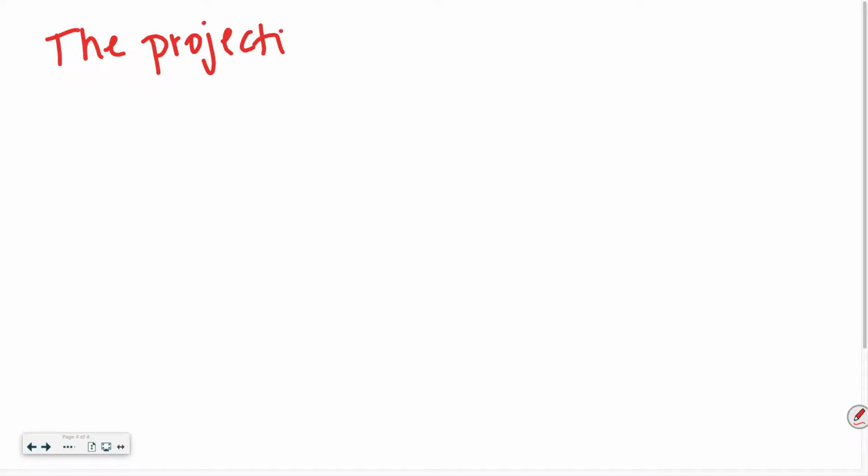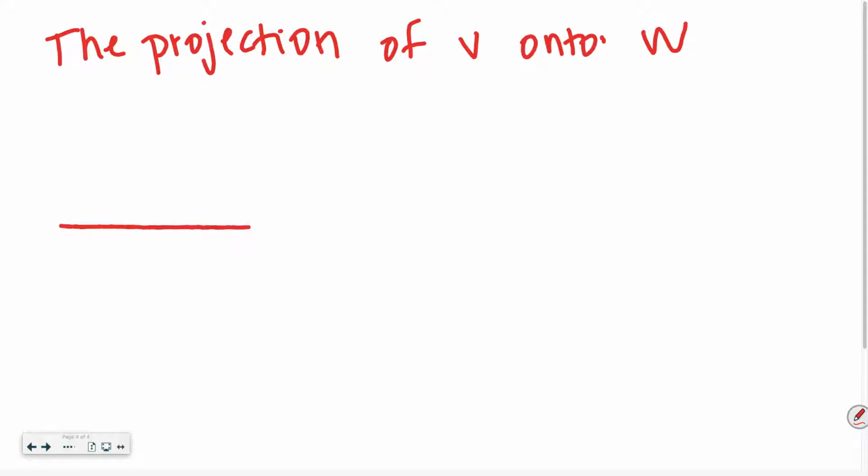So I'm not going to write it, but these do need to be non-zero vectors. We're going to talk about the projection of a vector onto another vector. This is w, the red vector. The green vector is v. I want you to imagine that we're going to shine a light down onto v.